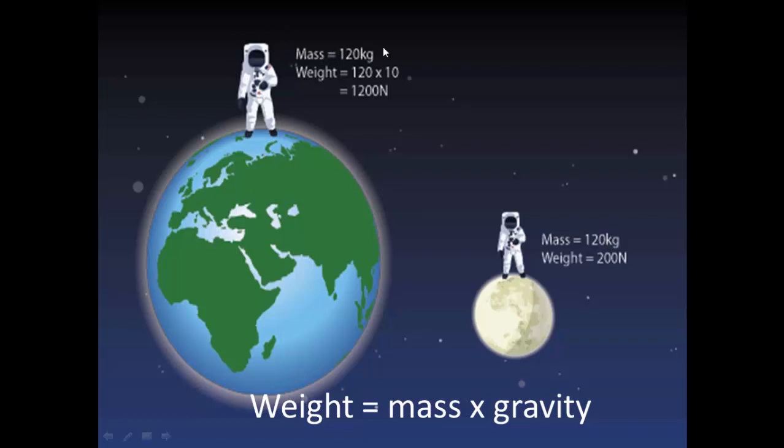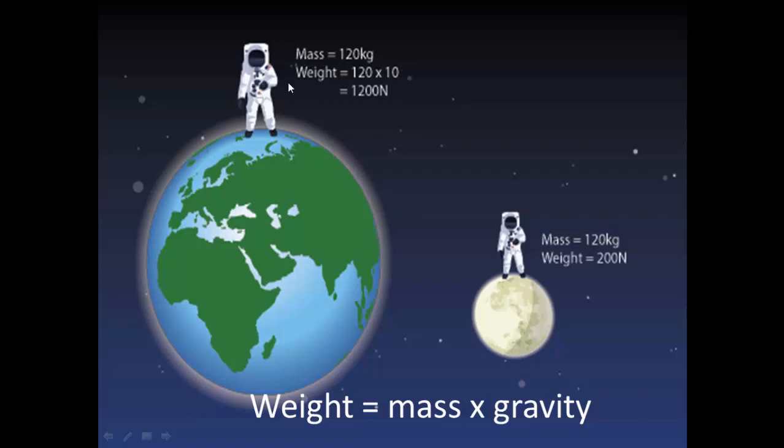has a body mass of 120 kilogram and a body weight of 1200 Newton. How can he have 1200 Newton? Weight equals mass times gravity. His mass is 120 and the earth gravity is 9.8. But to make it easier for you to calculate, we just round it up to 10 meter per second square.